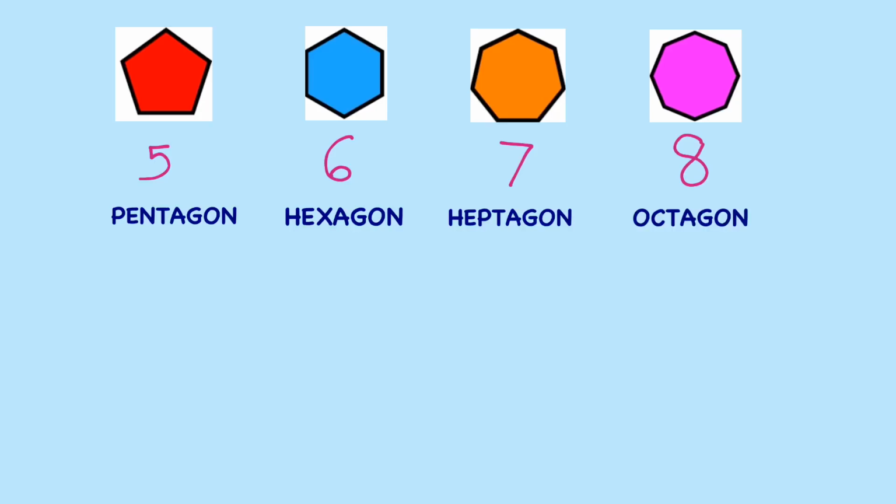So a 5-sided shape is called a pentagon, a 6-sided shape is a hexagon, a 7-sided shape is a heptagon, and an 8-sided shape is an octagon. Remember, an octopus has 8 legs. That's a good way of remembering that an 8-sided shape is called an octagon.